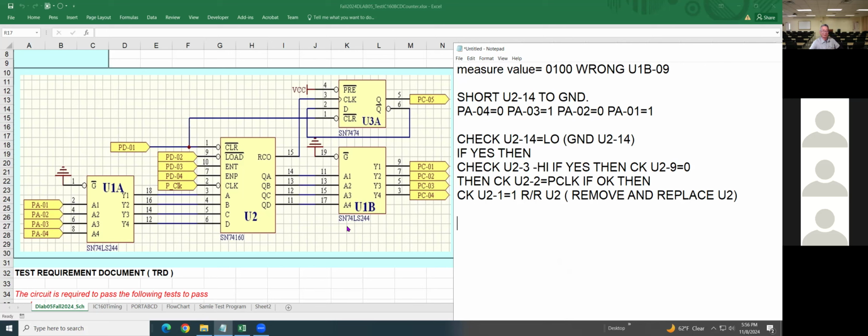That means normally you take U2 pin 14. I copy here. Now you take that, you get high.